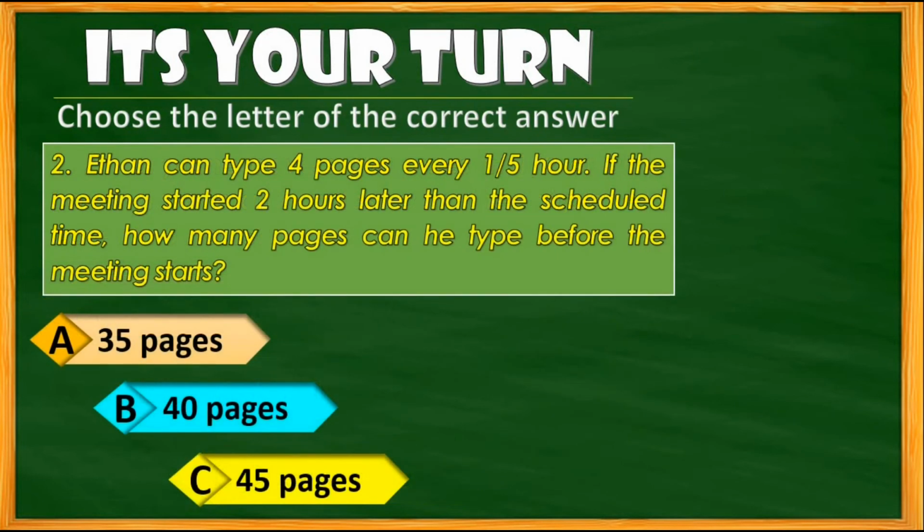Let's proceed to example number 2. Ethan can type 4 pages every 1/5 hour. If the meeting started 2 hours later than the scheduled time, how many pages can he type before the meeting starts? Is it letter A, 35, B, 40, C, 45?